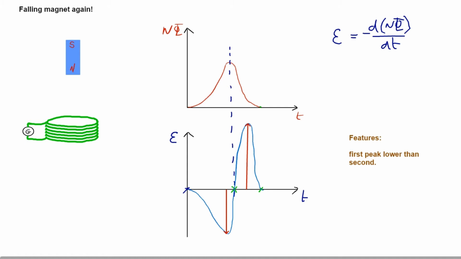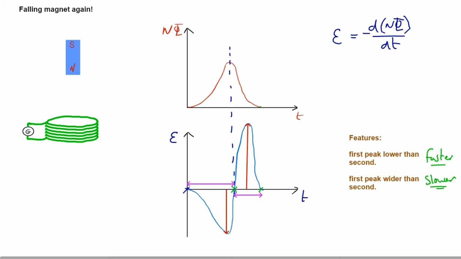The magnet is going faster on its way out than on its way in. The second point to comment on is that the first peak is wider. Why should that be? You can use the same argument. The time Δt of the first peak is bigger than for the second peak, because it's going slower in the first peak.